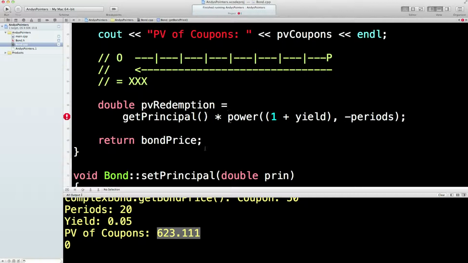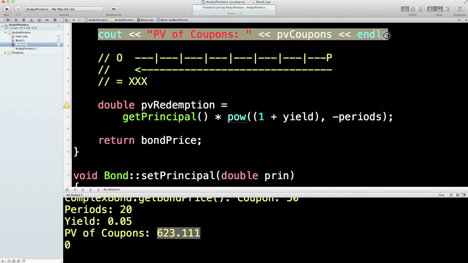It'll be a bit less than the previous 623, I should think, because that includes some payments we might be getting in 6 months' time. So let's, what's wrong with that? Oh, power. I shouldn't use power, should I? Use pow. And I need to output that, don't I? So we can just do a bit of a sanity check on it.